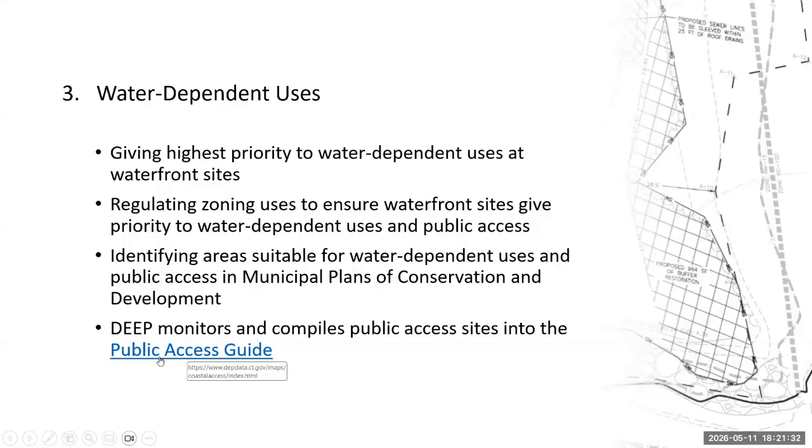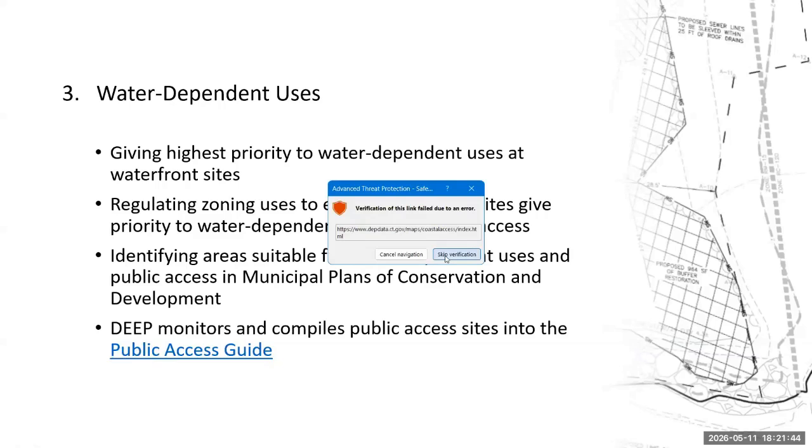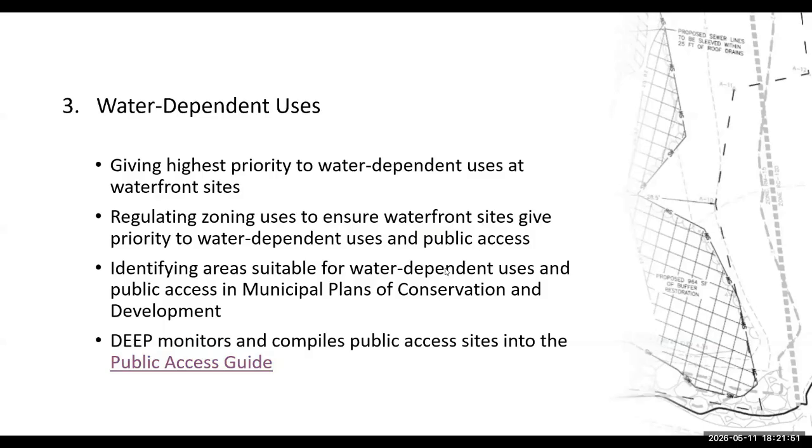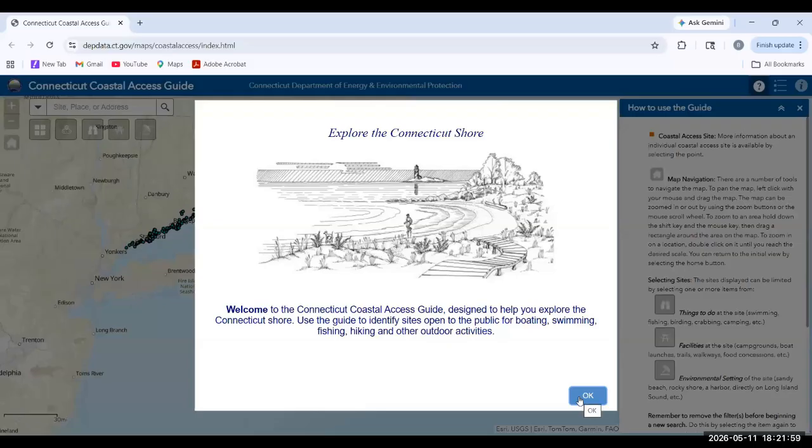We also compiled the public access guide online. And we're in the process now of looking at ways to update that guide. In the first place, we want to shift it to a better platform that's more user-friendly, that allows, for example, translation of information that's on the website. Currently, they're just static PDFs that are very difficult to update.